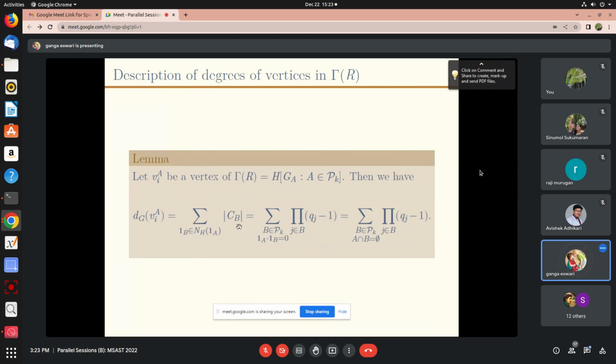So we take the summation of the cardinality of C_B. The cardinality of C_B, we already know, is the product of (qi minus 1). So we find the degree.